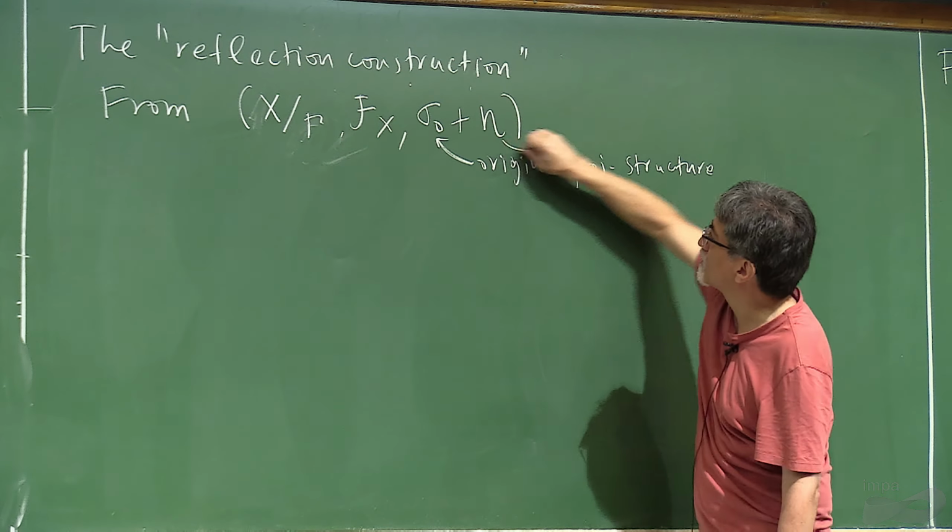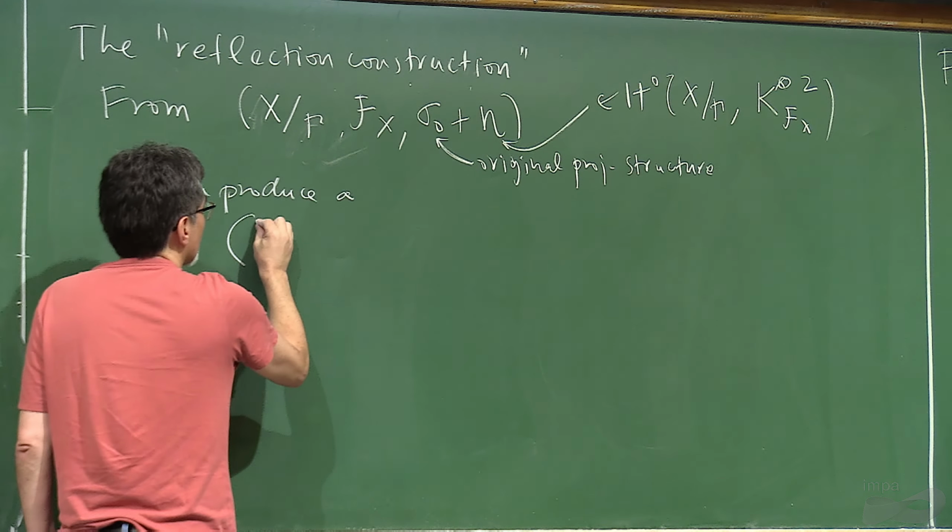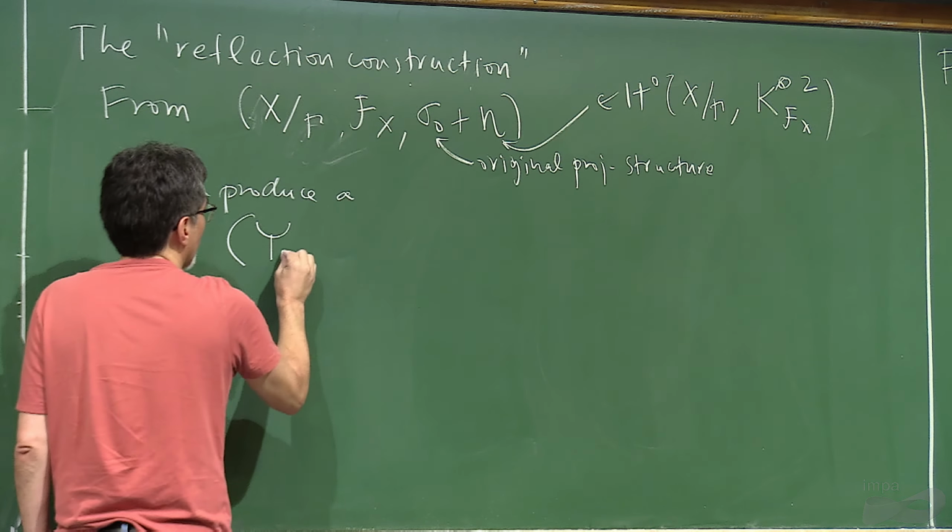We can produce another foliated projective structure. I will produce a new manifold. Let me call it Y_eta.